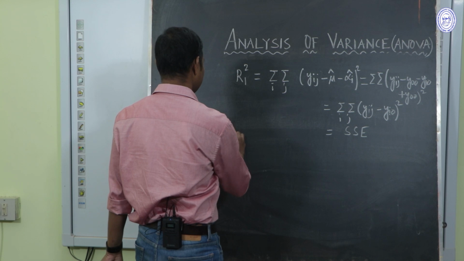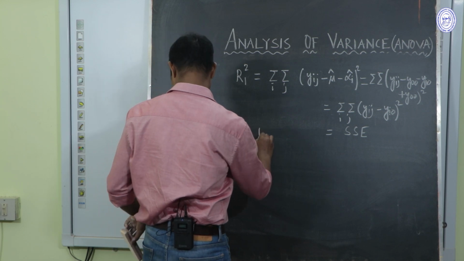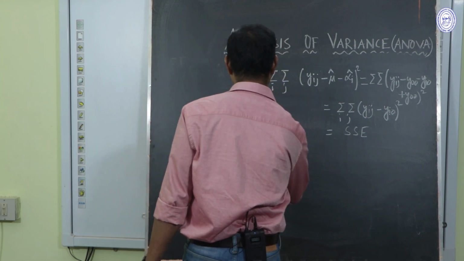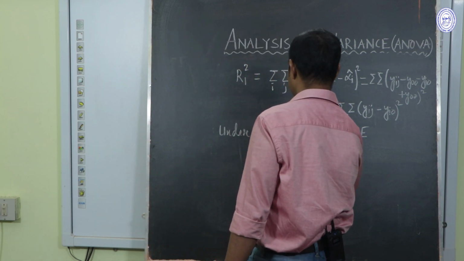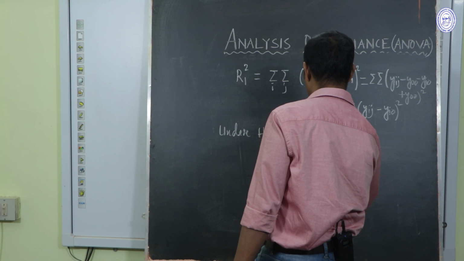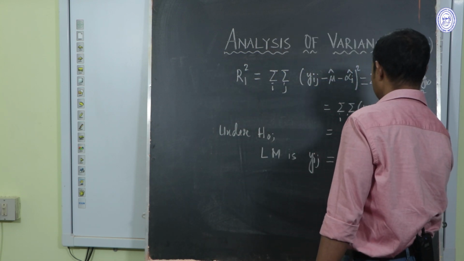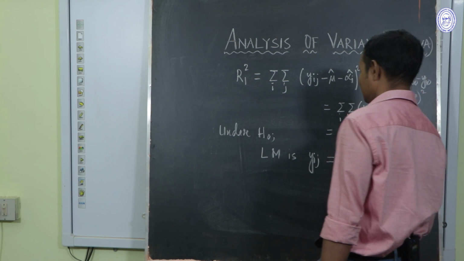Under the null hypothesis, the linear model is y_ij equal to mu plus e_ij.